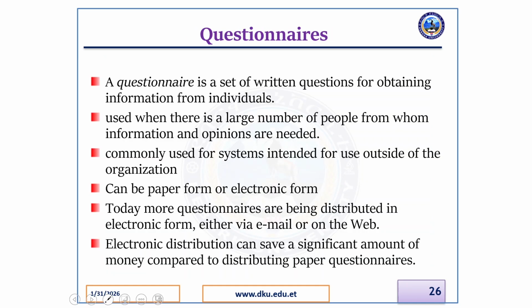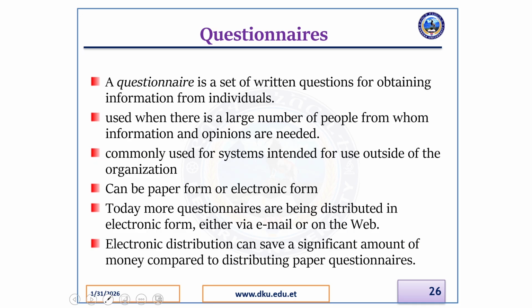The other important component of information gathering techniques is questionnaires. A questionnaire is a set of written questions for obtaining information from individuals, used when there is a large number of people from whom information and opinions are needed. Commonly used for systems intended for use outside of the organization.